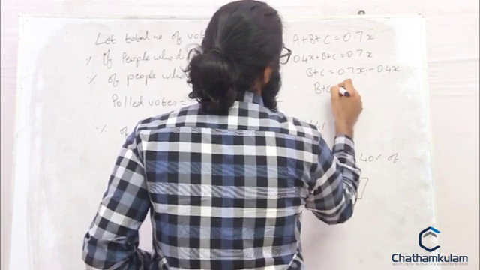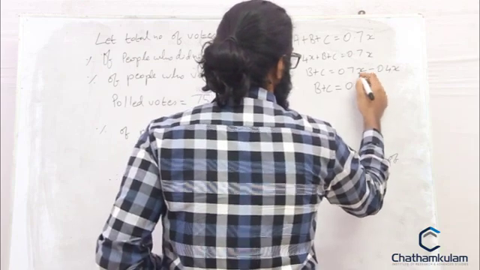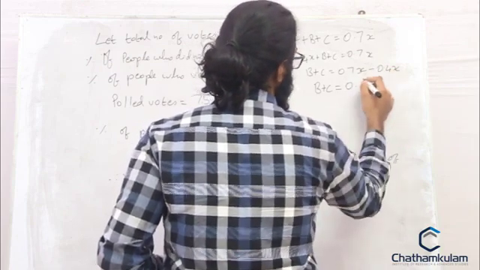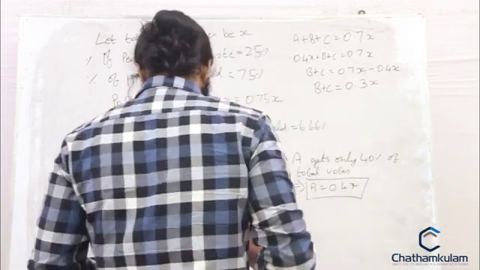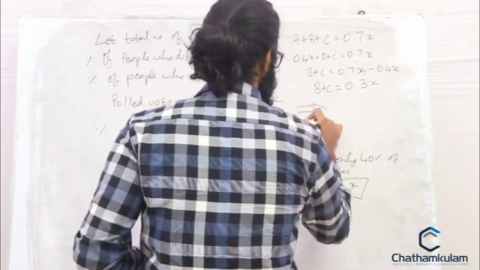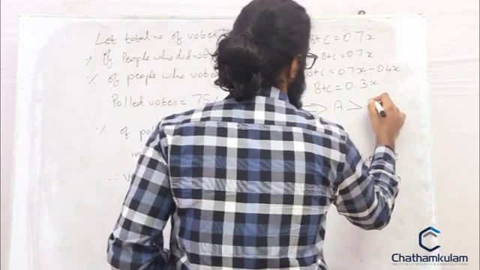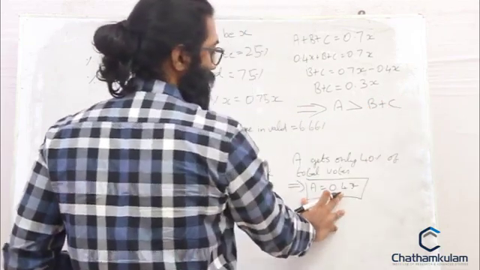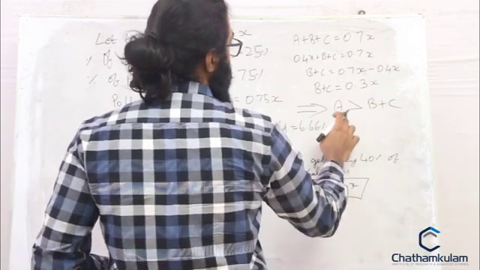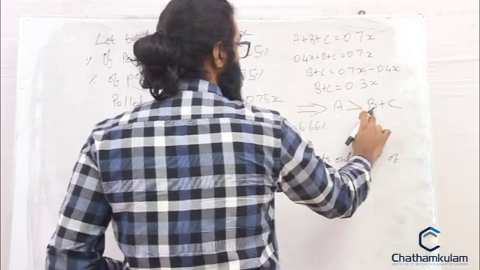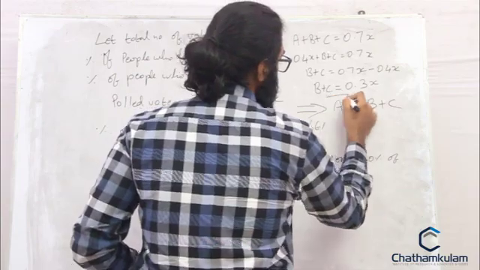Subtracting 0.4 from 0.7, we get 0.3x. Therefore we can say that A is greater than B plus C, right? Since A here is 0.4x and B plus C is only 0.3x, we can say A got more votes than both B and C added together. Therefore we can say A is the winner.